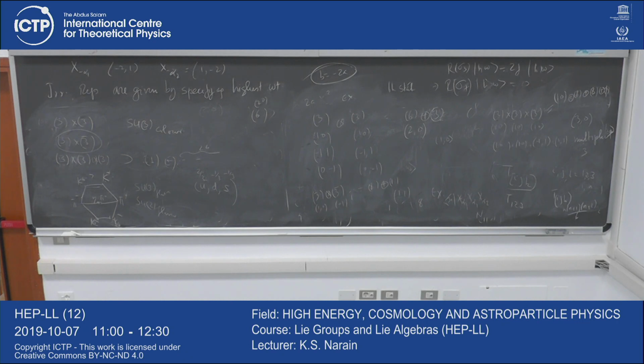I remember he has discussed weights and roots in detail, because those are very physical things. These weights and roots are very physical. Those are like isospin, quantum numbers, hypercharge, all those things are there. So it's quite an important concept, an important way of thinking about it.